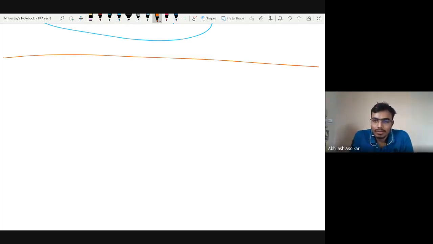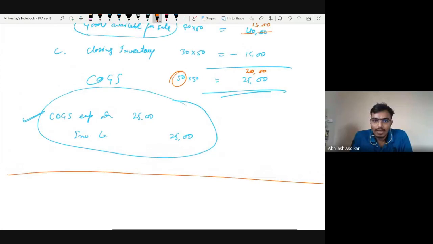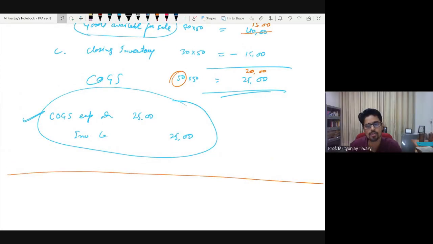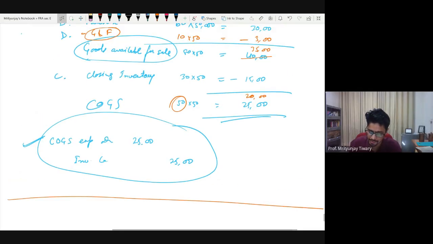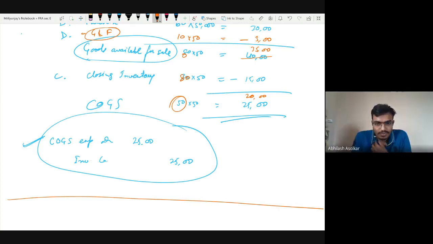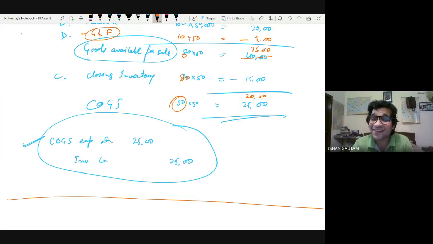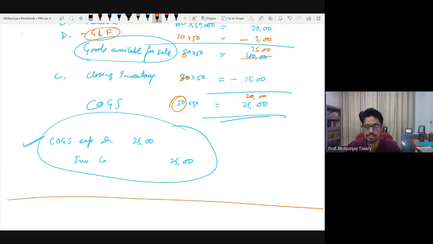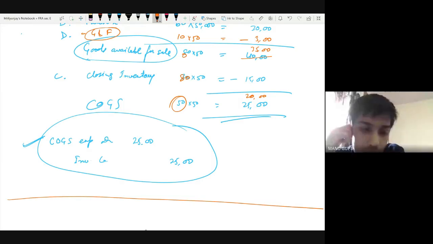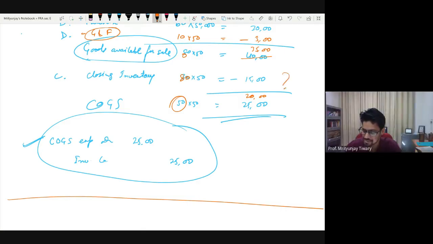If goods available for sale itself is equal to my closing inventory, so goods available is 80 and closing is also 80, can you not guess what would have happened? 0. You haven't sold anything. Why would I do business then? That you need to figure out later on. But it is evident that your entire business is facing a big question mark.